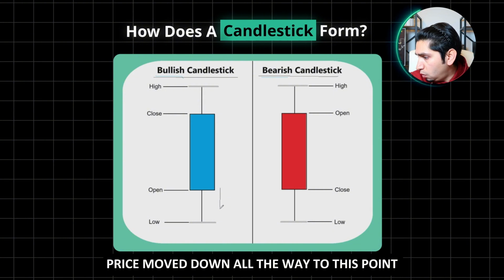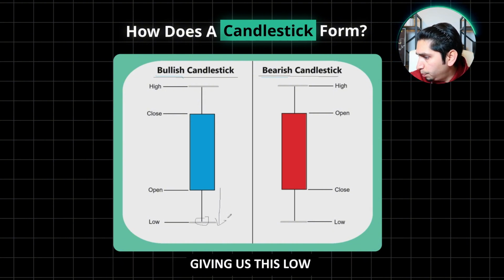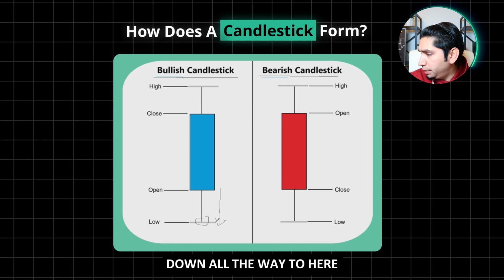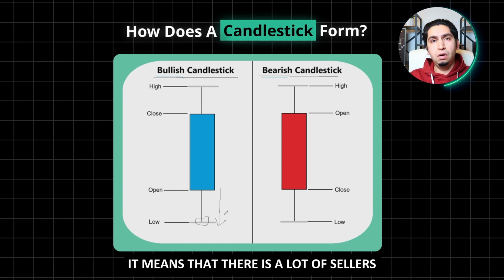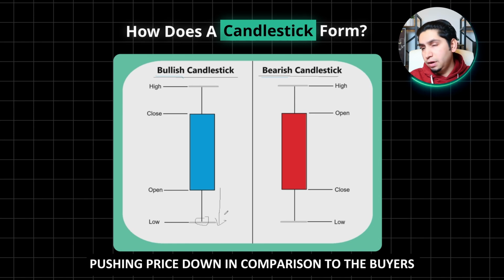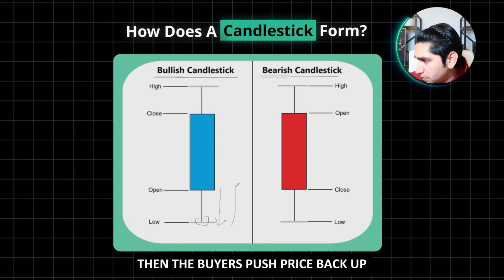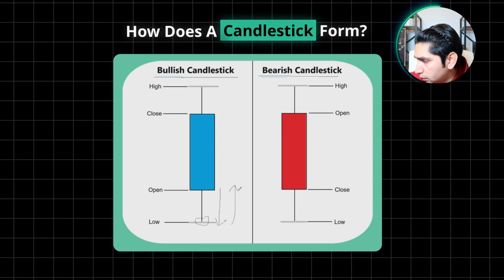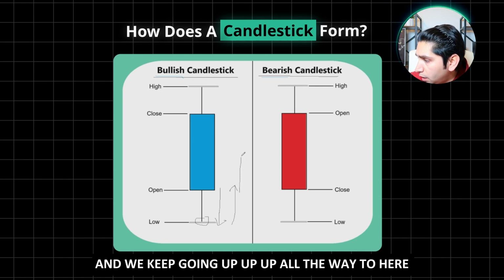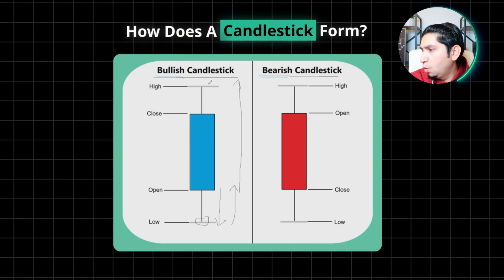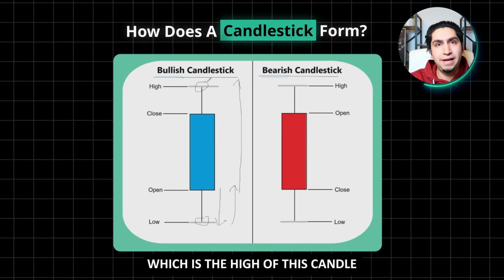Price moved down all the way to this point, giving us this low. When it moves down all the way to here, it means that there is a lot of sellers pushing price down in comparison to the buyers. Then the buyers push price back up, and we keep going up, up, up all the way to here, which is the high of this candle.